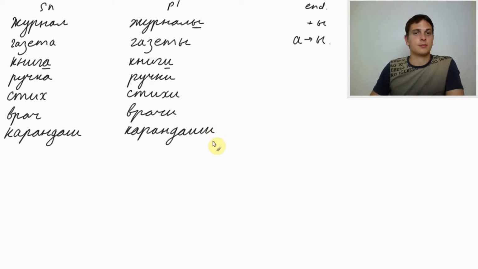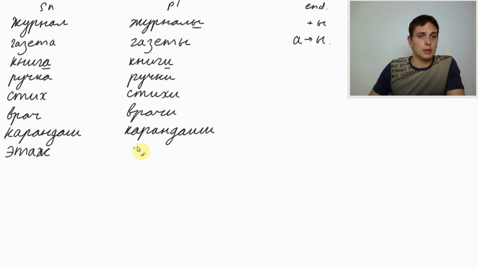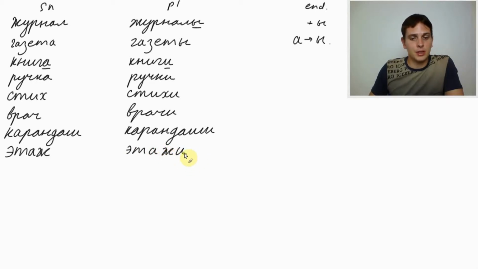Этаж. Этаж is floor in a building, and the plural would be этажи. Next one, товарищ. Have you ever heard this word?